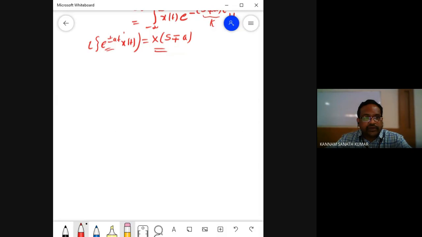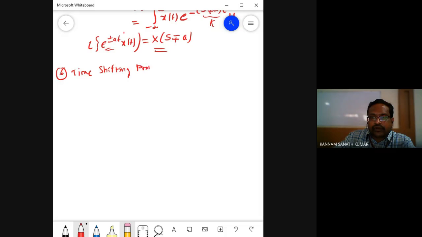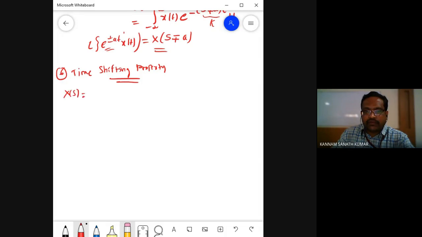Next, time shifting property. Here, X of s equals the Laplace transform of x of t, that is, the integral from minus infinity to infinity of x of t into e power minus st dt.